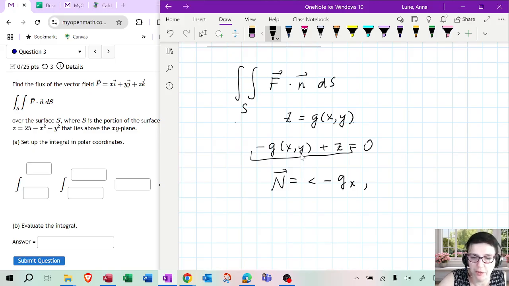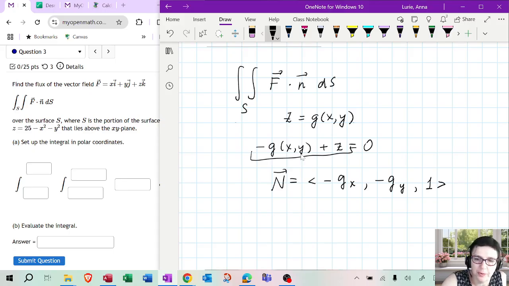The partial derivative with respect to y will be negative g y, and again z will drop out. And when you differentiate with respect to z, the first part will drop out because it doesn't have a z, and the second part will become 1. So that would be the normal vector.